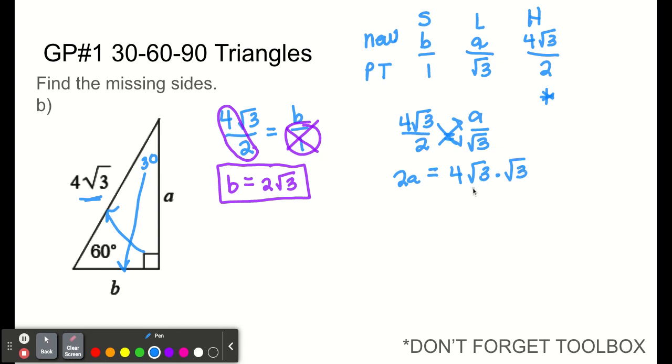If we simplify this, radical 3 times radical 3, our radical is going to go away and leave us with just 3. Giving us 2a is equal to 12. Then we will divide both sides by 2 to get a by itself, giving us an answer of a equals 6.